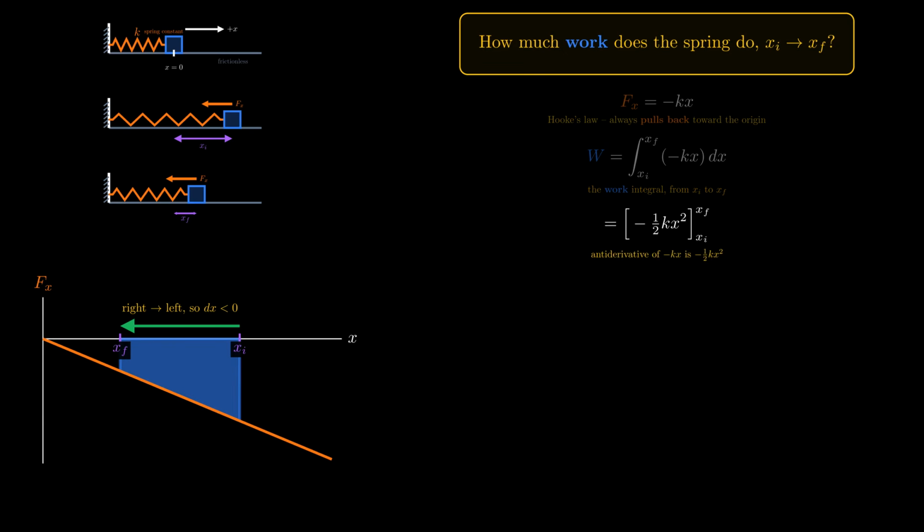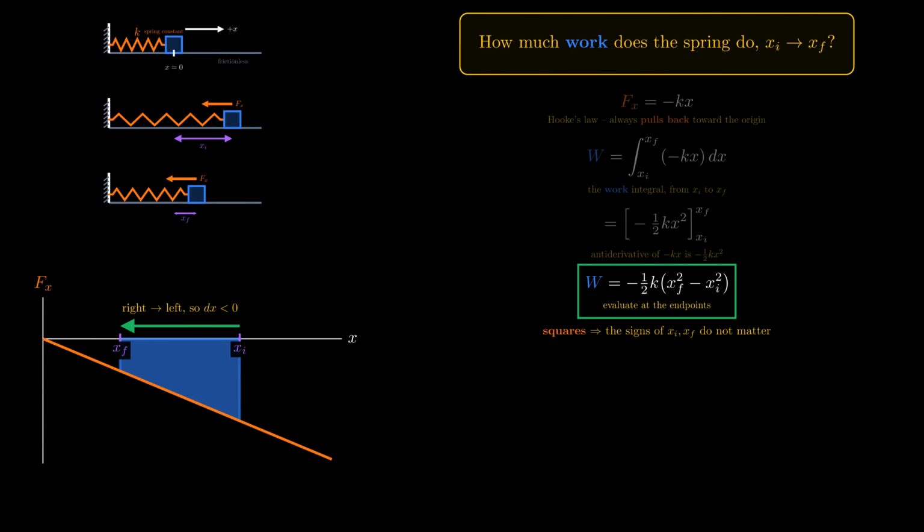The antiderivative of negative kx is negative 1/2 kx squared. Evaluate at the endpoints: W equals negative 1/2 k times the quantity x sub f squared minus x sub i squared. Both endpoints enter as squares, so the sign of the work does not depend on the signs of x sub i and x sub f, stretched or compressed.